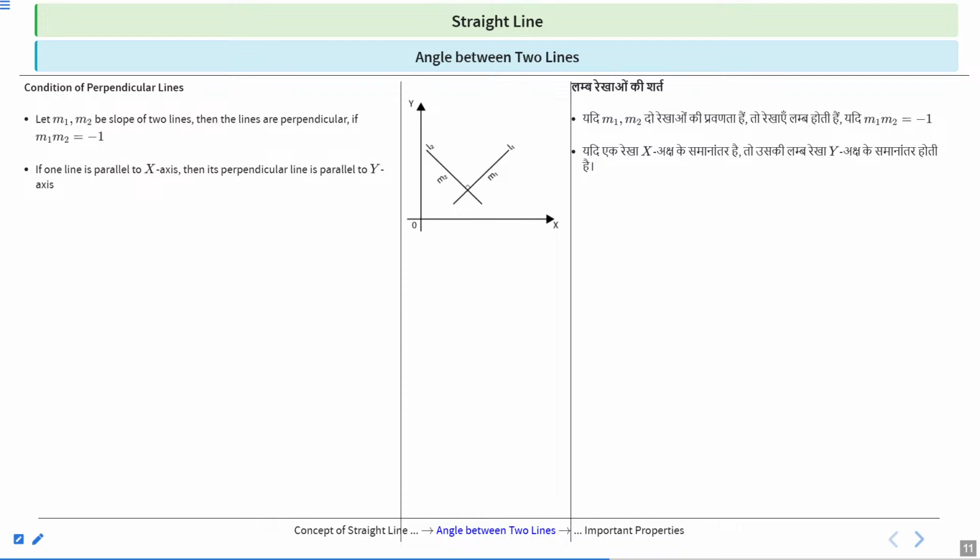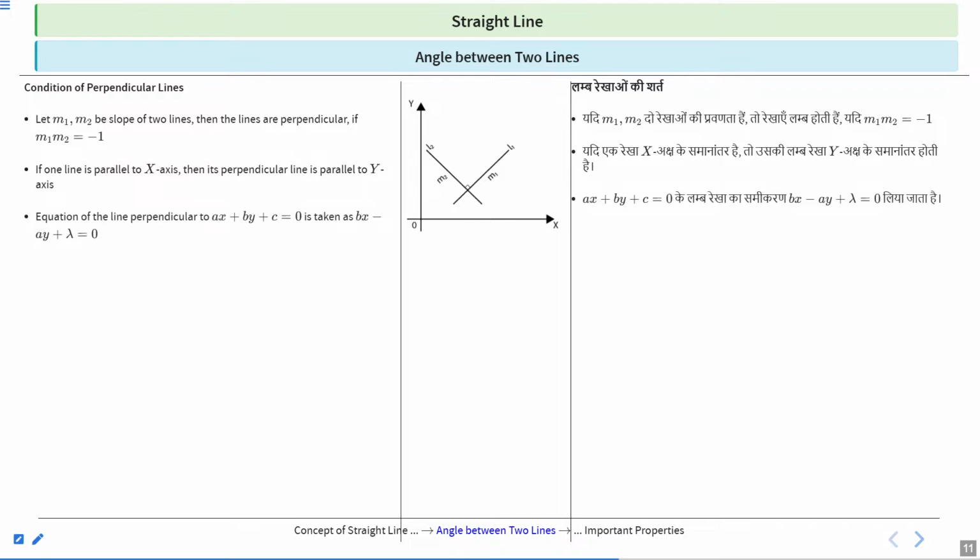So if one line is parallel to the x-axis, then its perpendicular line is parallel to the y-axis. It's an obvious thing. Got it?